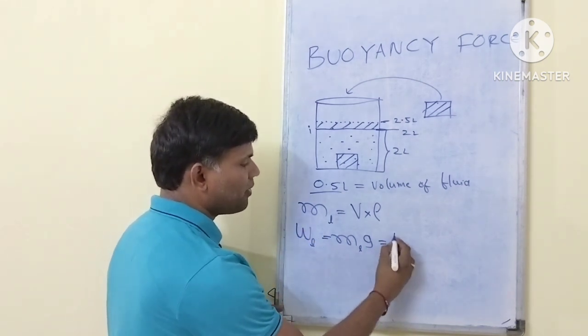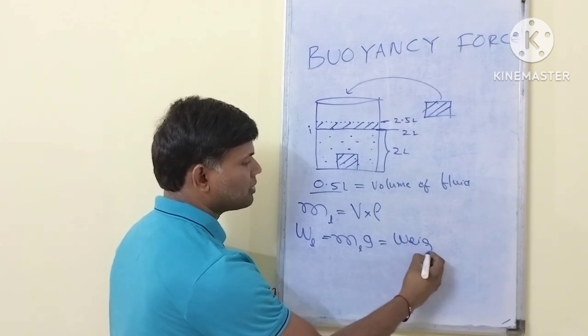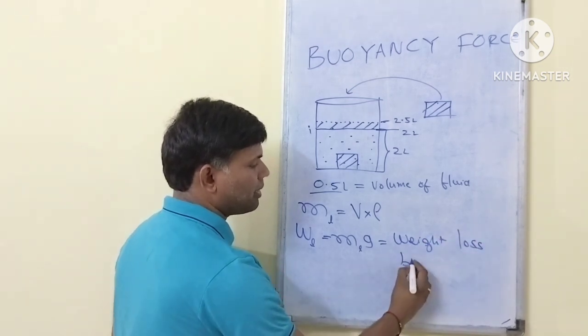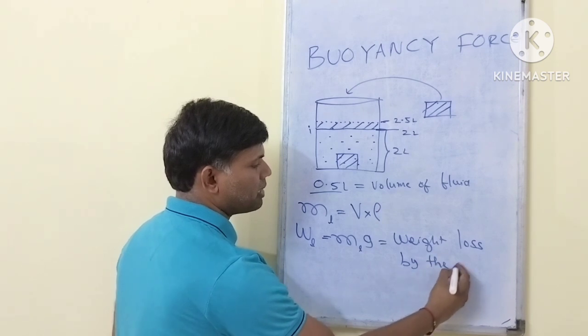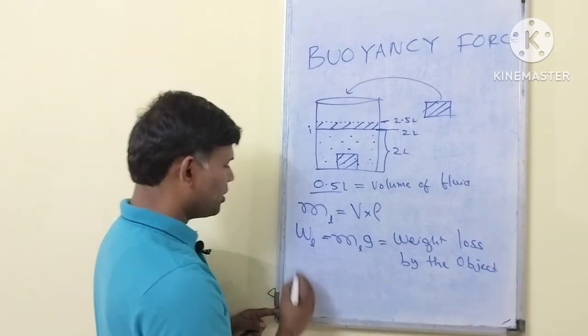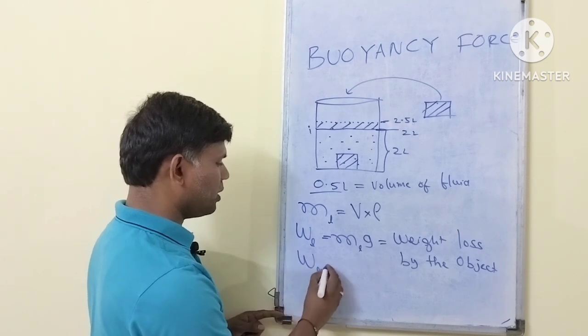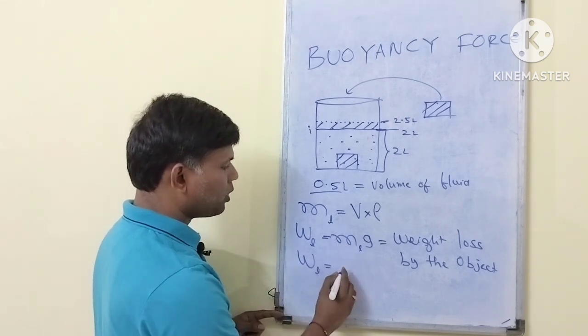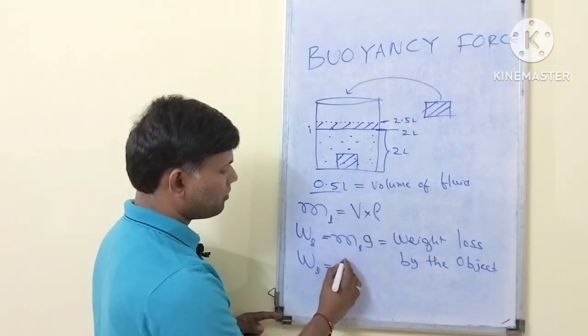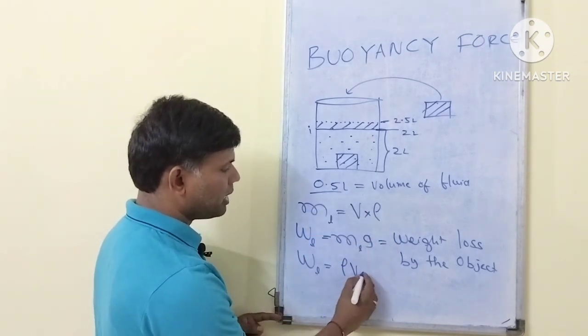This is the weight loss by the object. So you can write WL is equal to ML g, which is equal to rho into V, the volume displaced, into g.